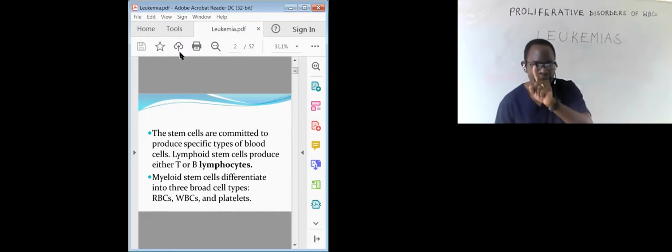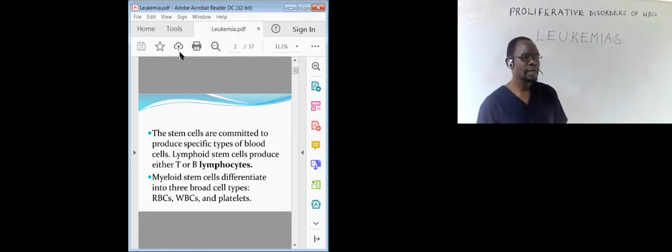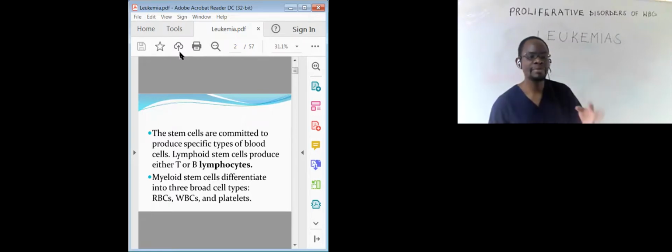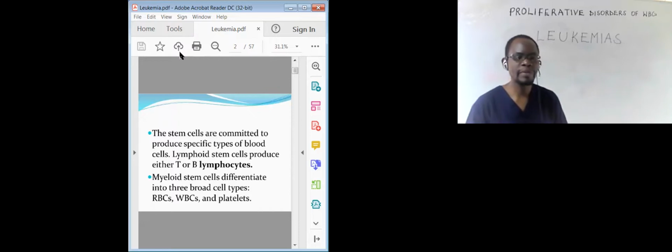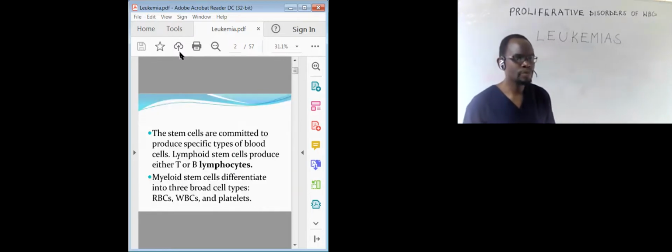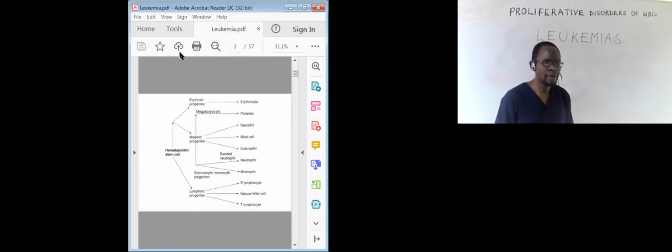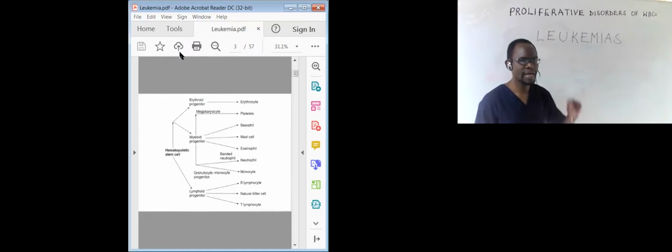Don't forget that. The myeloid stem cell gives rise to the red blood cells, the platelets, and the rest of the white blood cells, as you can see there.